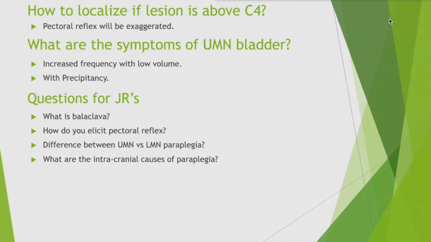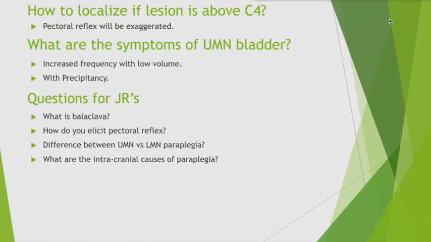Okay, tell me something about the difference between UMN and LMN. Cause of LMN paraplegia. LMN paraplegia we get at the level of lesion. But lower down it will be UMN, no? Yes, sir. LMN paraplegia is commonly seen when you have myopathy. She has already mentioned.